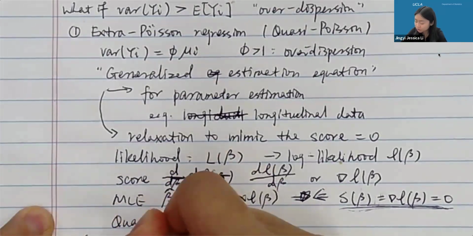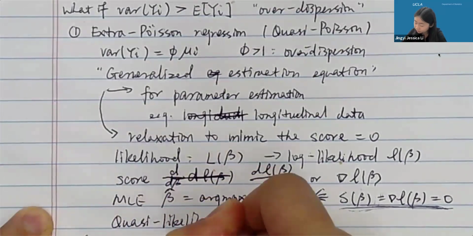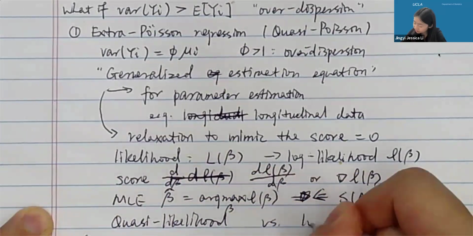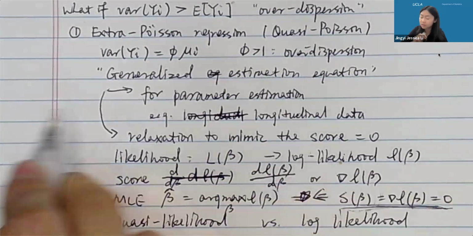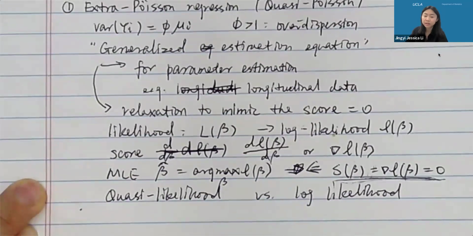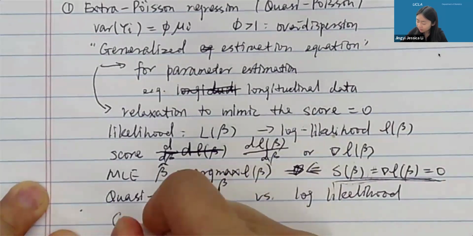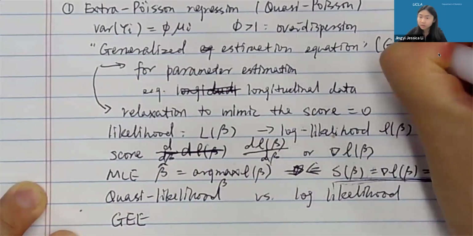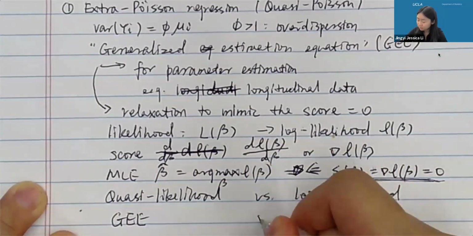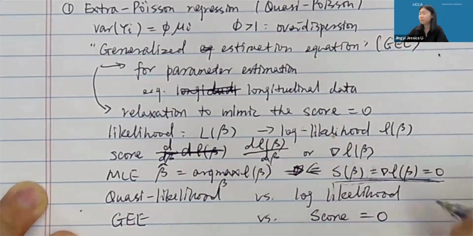You see the relationship is that quasi-likelihood versus log likelihood is what we do in this extra Poisson regression. Similarly, this generalized estimation equation, I'll just write GEE, would mimic this score function equals 0 thing.